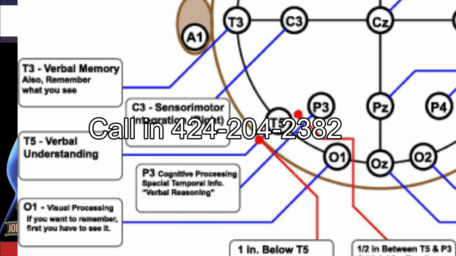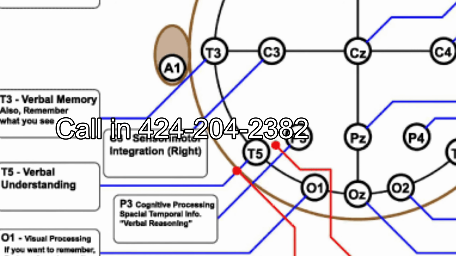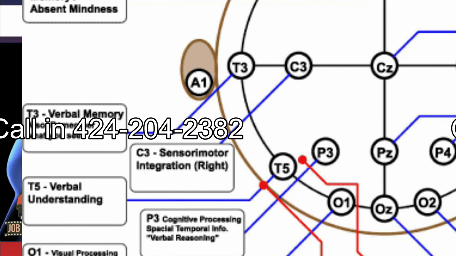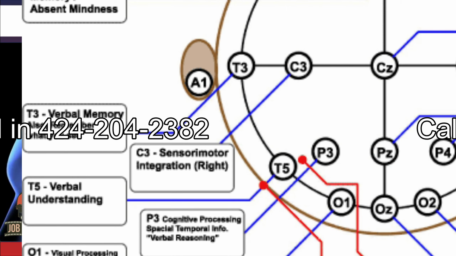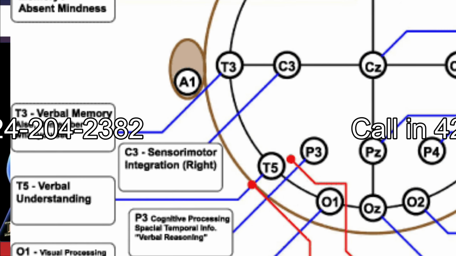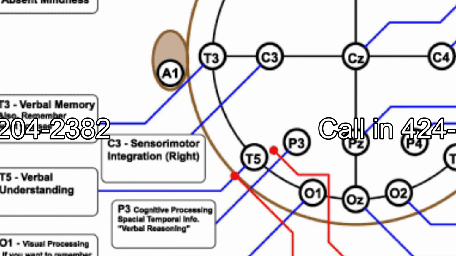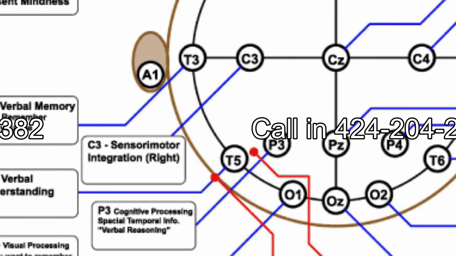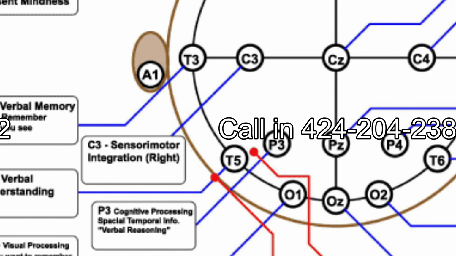Now, right below P3 is T5, verbal understanding, okay? T5 is also a region that is associated with, well, of course, language as well, and also with pattern recognition.